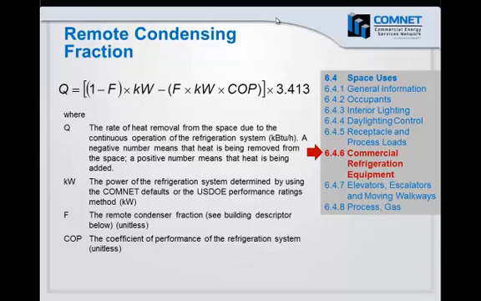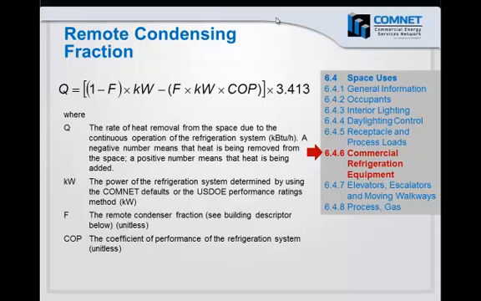The remote condensing fraction. Those of you that are familiar with commercial refrigeration know that the condenser can either be located inside or outside. If the condenser is located inside, like is the case with normal refrigerators, then all of the heat that's produced by the compressors results in direct heat gain into the space.